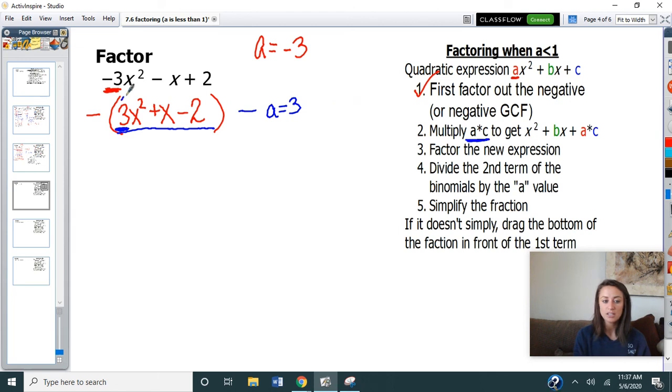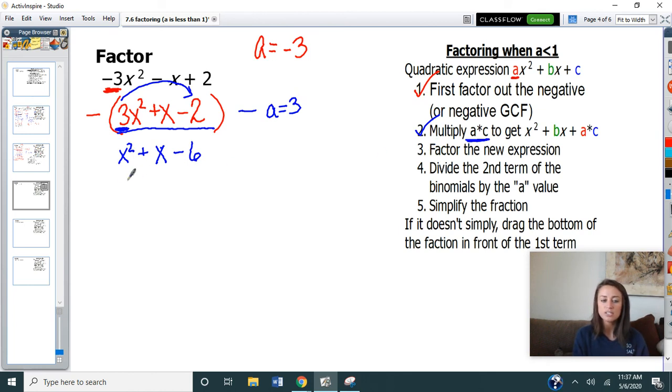So we're going to bring this a value to the c. We're going to get rid of the a, bring down x squared, bring down plus x. And instead of -2, it's going to be a times the c. So 3 times -2 is -6. Step 2 is done.